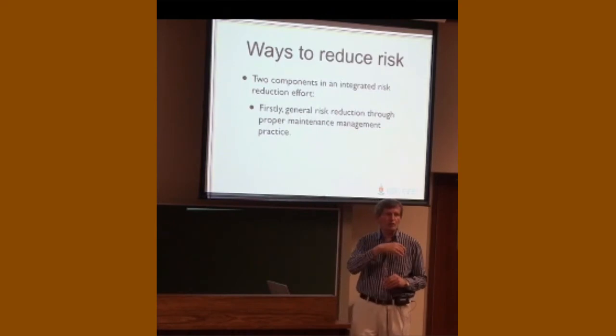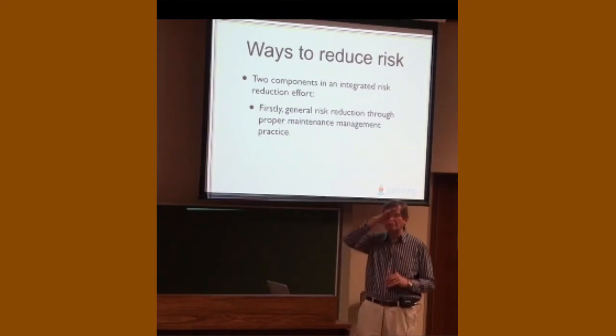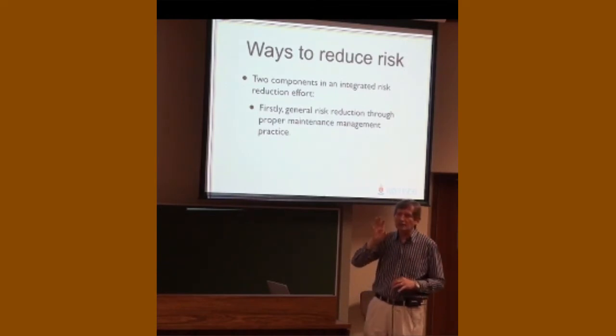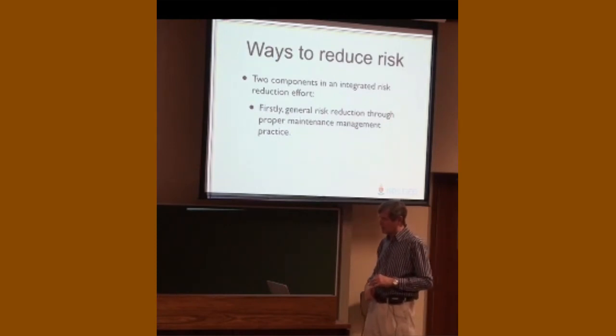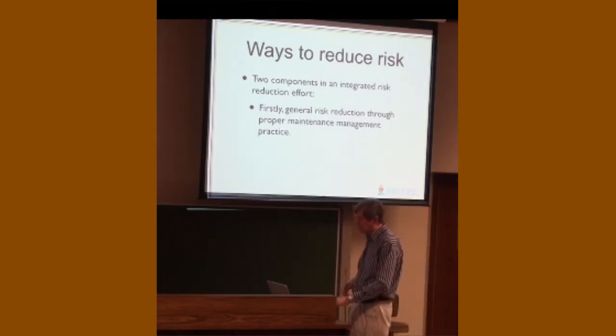That's what we've been talking about the whole time this morning, when we talked about strategy and so on, putting in place that outer cycle and your structures. That is the good thing to do for your business so that you reduce your risk of the whole maintenance organization. We talk about general risk reduction. So that is the first thing to do.